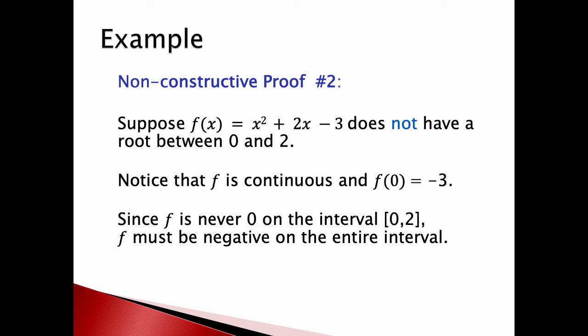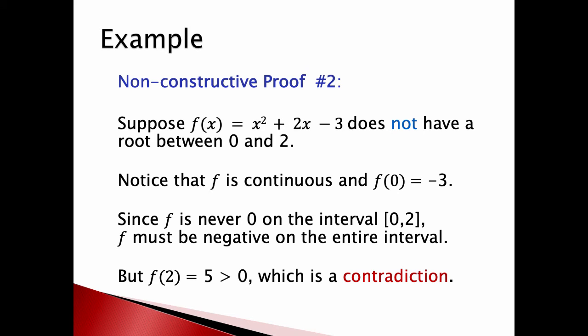If f is never 0 on that interval, in other words, it never has a root between 0 and 2, which is what we're assuming, then it never crosses the axis and turns positive, so f has to be negative on the whole interval. But of course, when I plug in 2, I get 5, which is a contradiction because that's positive. So again, you can see here how proofs by contradiction, indirect proofs, direct proofs can all enter into the picture when you're doing an existence proof or a proof by cases or whatever.